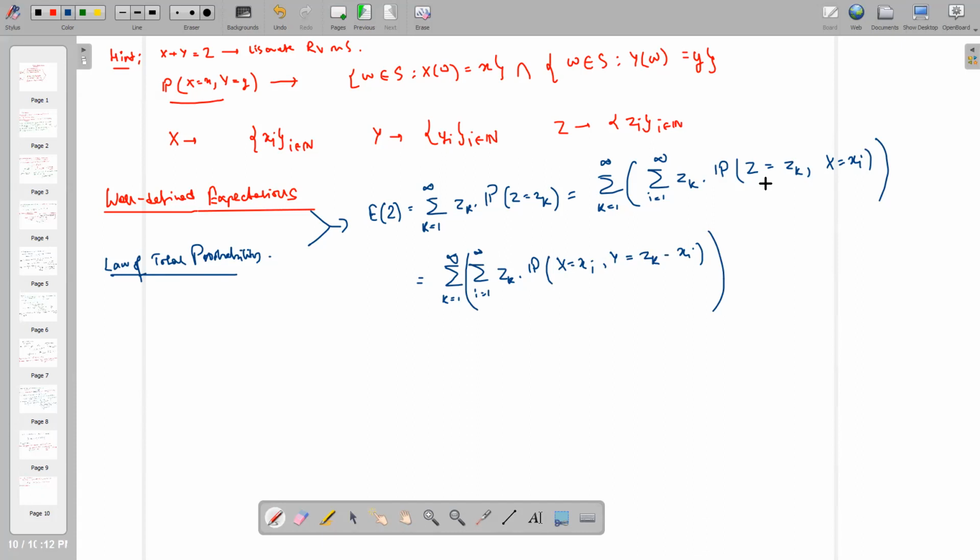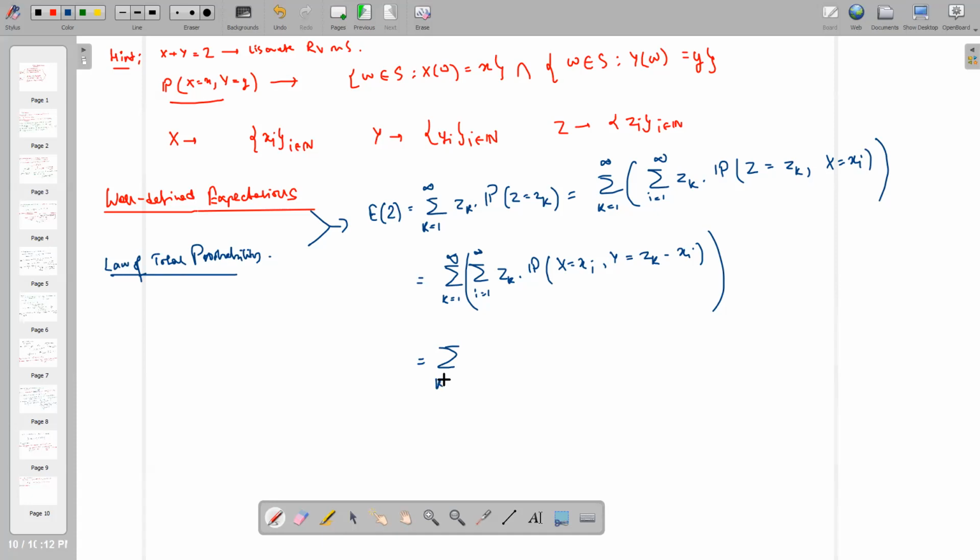So z is zk, then y should be zk minus xi, because I have defined x plus y as z. So now interchanging summations and summing over all of them, what do we get?